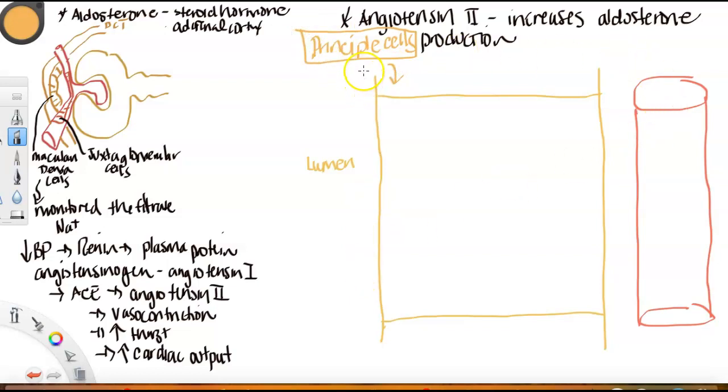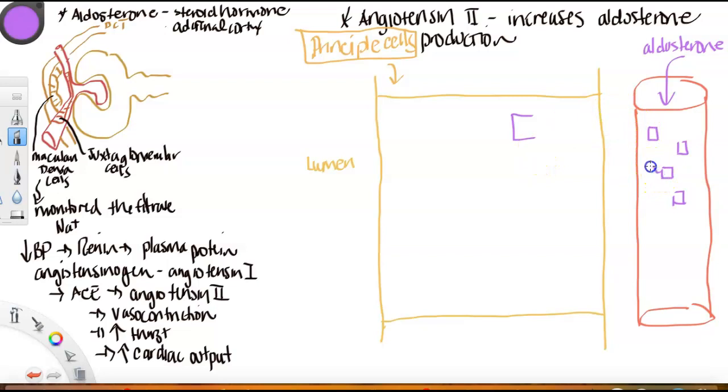So how do we get aldosterone? Well, aldosterone is a hormone, right? So it's going to come to us in the blood. So aldosterone comes in the blood. Here's our little aldosterone things. And how's it going to get to the cell? What's it going to do with the cell? This is a steroid hormone, so its receptor, of course, is going to be inside the cell.